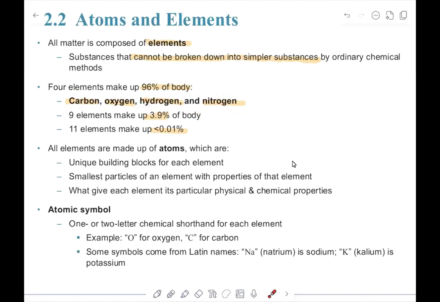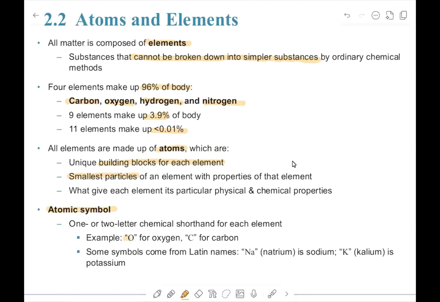All elements are made up of atoms, which are the building blocks for each element, and they're the smallest particles of an element. So you've all seen a periodic table at one point in your education, so you're well familiar with an atomic symbol. Usually it's the first letter or the first two letters of the element, but there are some exceptions to that.